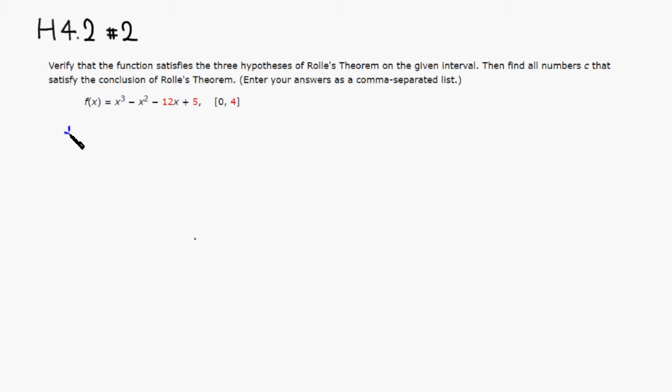Number 1. Looks like this is just a cubic function. This is a polynomial function, so it's continuous and differentiable everywhere. So number 1, f is definitely continuous on the closed interval 0 to 4.